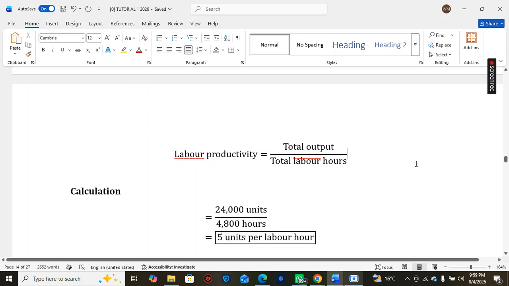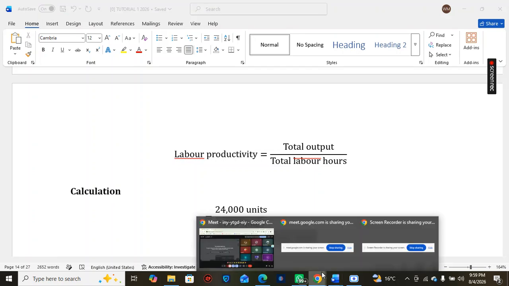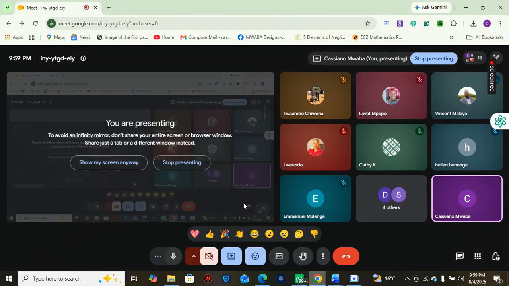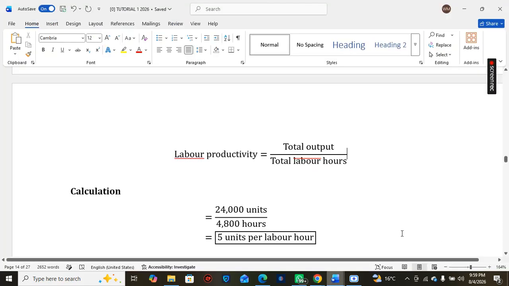So, colleagues, I think that if you implement those bonus plans, you can also increase the labor productivity ratio. Do you know why I say that?